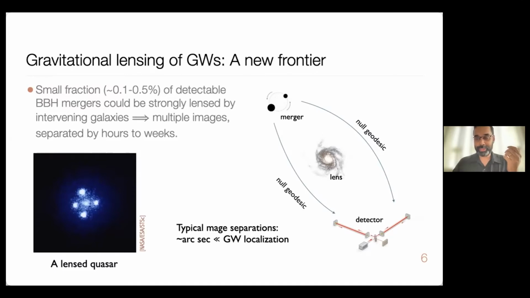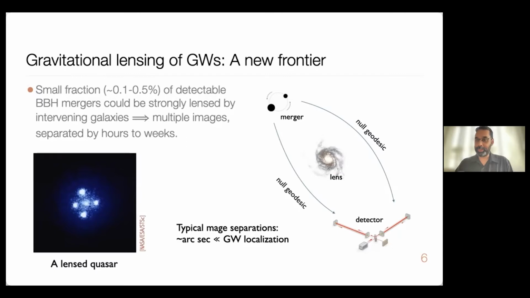But one remarkable thing in the case of gravitational wave signals is that since these are transient signals, their time delay can be measured extremely well, with precisions of milliseconds. Although our ability to measure the angular separation is extremely poor, because gravitational waves are very long wavelength beams, and our network has a rather small baseline compared to the wavelength of the waves, our ability to localize the sources is not the greatest.